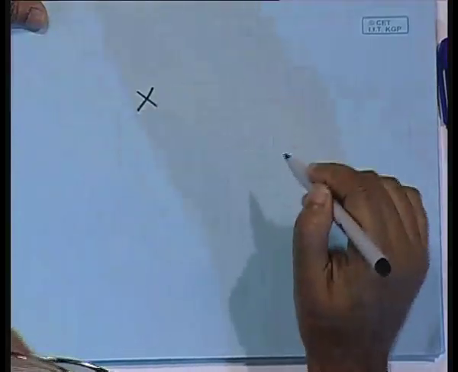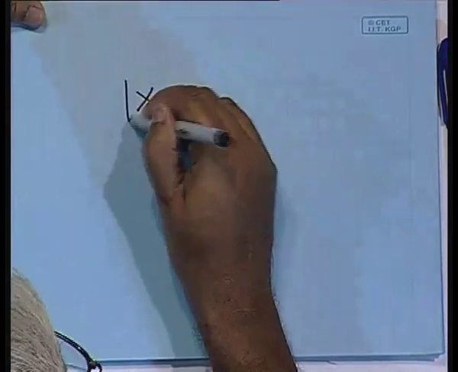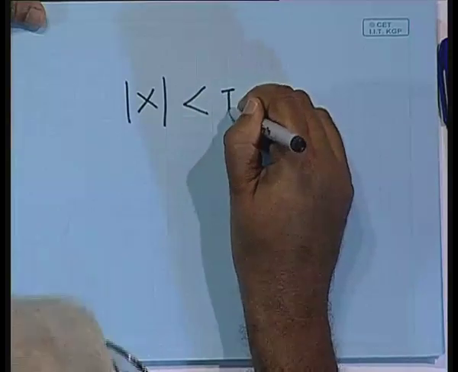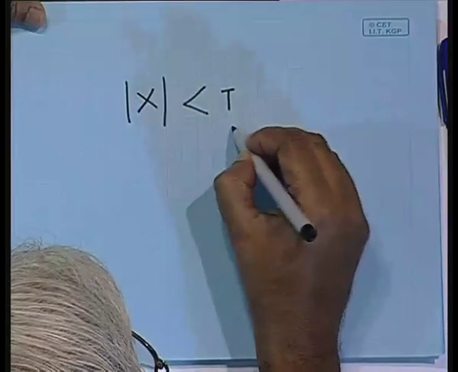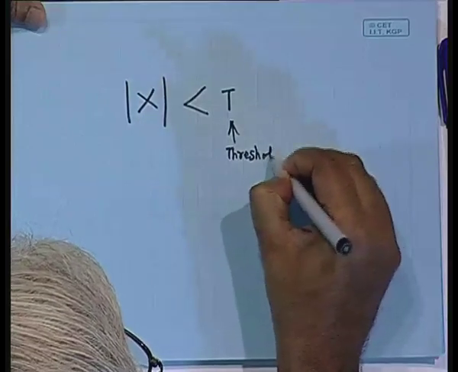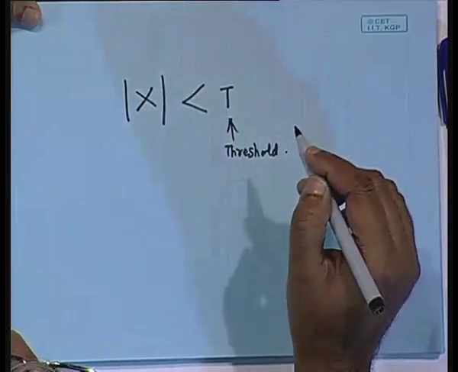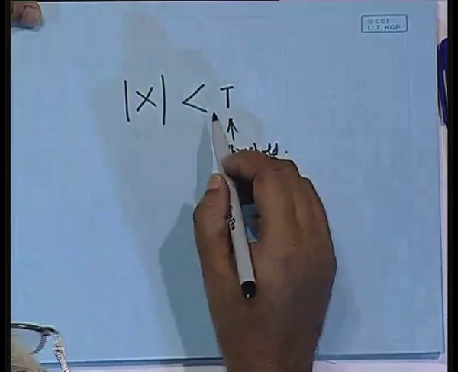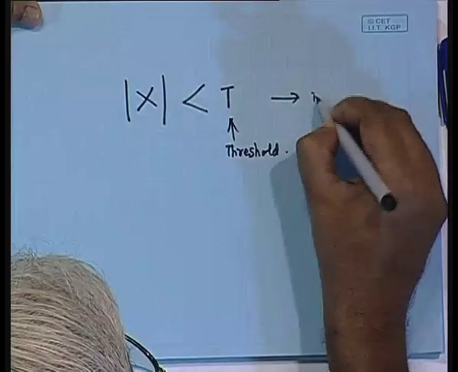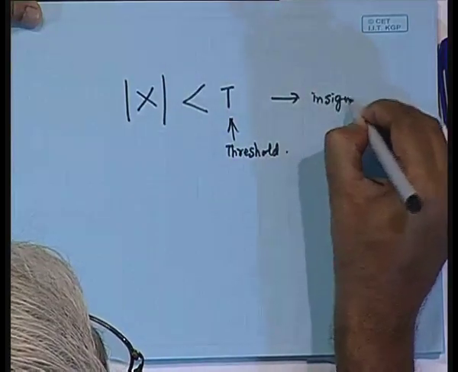So, if I have a coefficient value, let us say capital X, what we do is that we compare this value of x with a quantity t, where t is the threshold. Now, we define that if mod of x is less than t, in that case it is declared as insignificant.